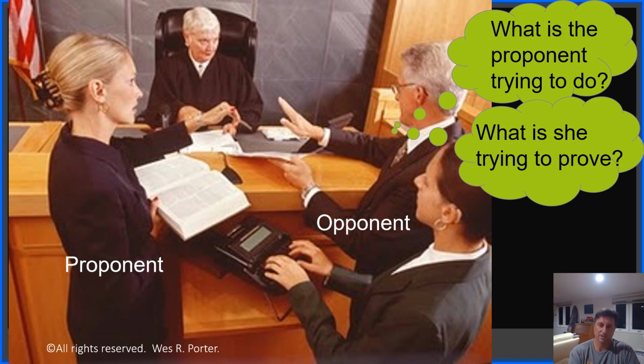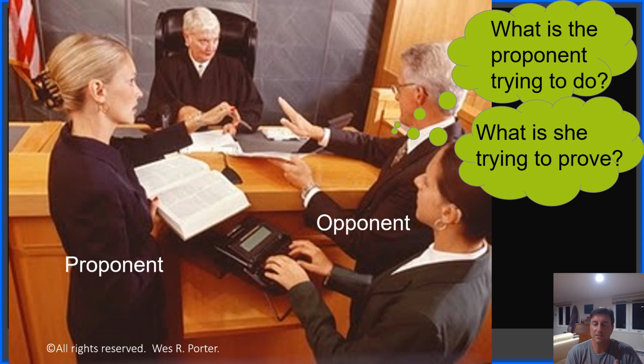What is the proponent trying to do? What is the proponent trying to prove? And just imagine that underlying the objection and basis in open court, it goes to sidebar. The proponent says, this is not objectionable. You should overrule this objection. You should allow me to continue with my questions. You should allow me to admit the evidence. It goes back to the opponent, and the opponent says, you should sustain my objection, and you should exclude this evidence.